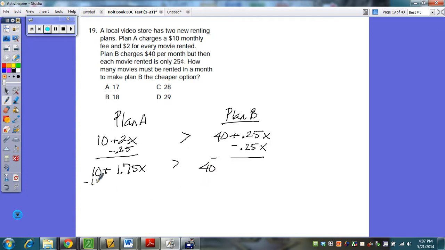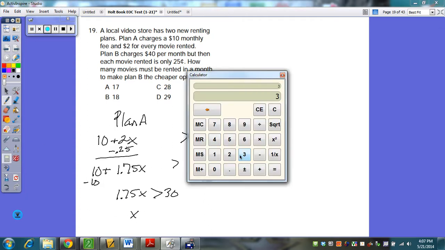So we're going to subtract the 10 from both sides. We have 1.75x is greater than 30. Divide both sides by 1.75. So we have 30 divided by 1.75, and that gives me 17.